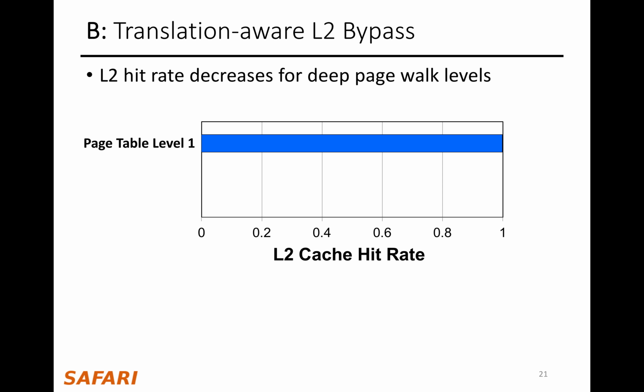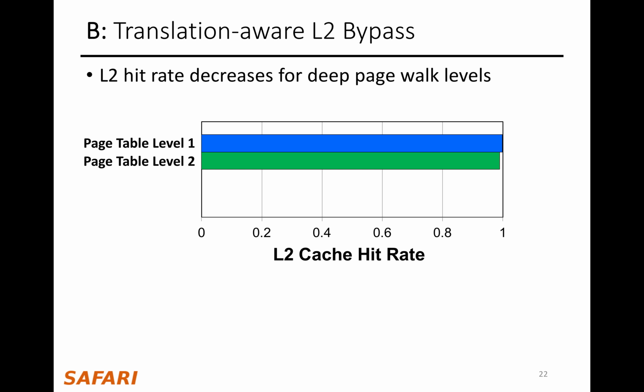Here in the blue bar, I show page table level 1, which is the level closest to the root. In the green bar, I show the L2 hit rate of page walk level 2. On the yellow bar, I show the hit rate of page table walk level 3. And on the red bar, I show the hit rate of the level 4 page walk. As you can see, the hit rate of page walks decreases the deeper the page walk level goes.